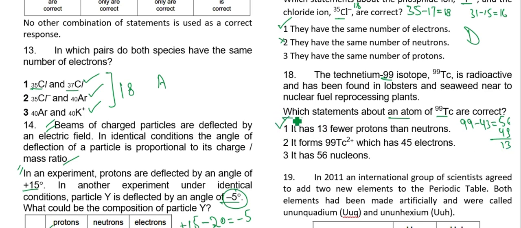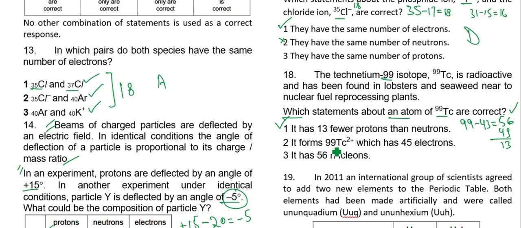I'm explaining again. It says that it has 13 fewer protons. As its atomic number is 43, whereas the neutrons are 56, there are 13 fewer protons than neutrons. So this is correct.